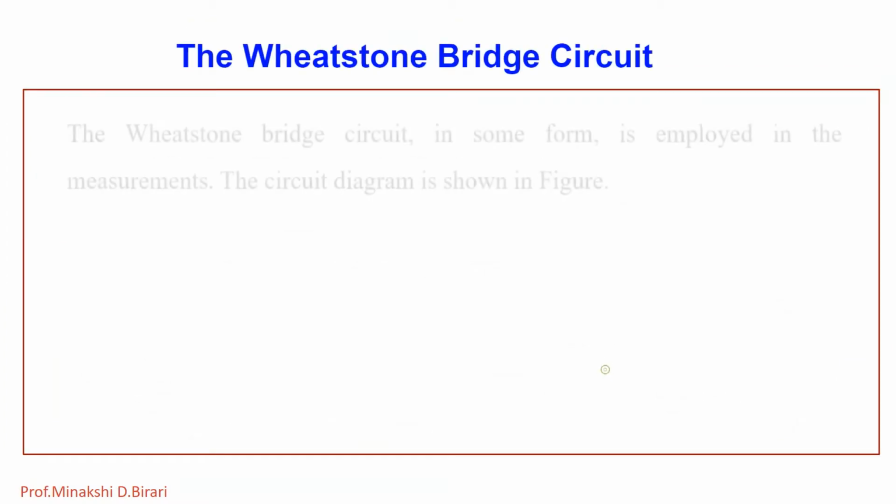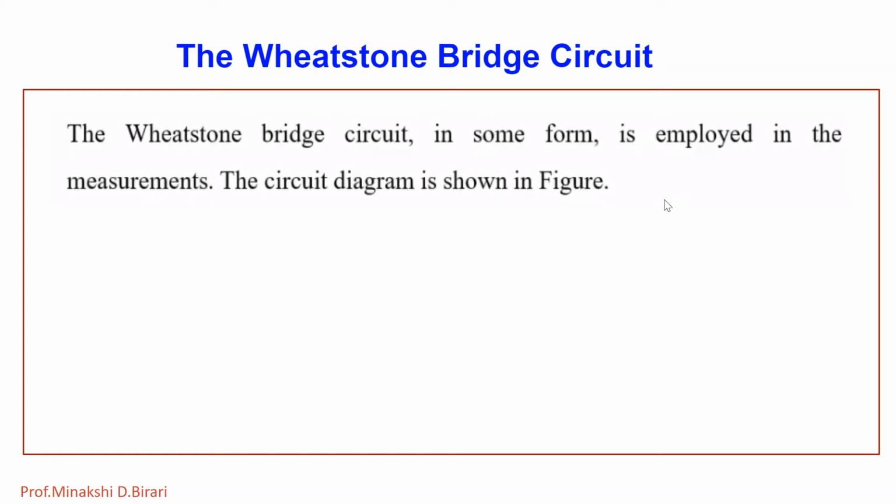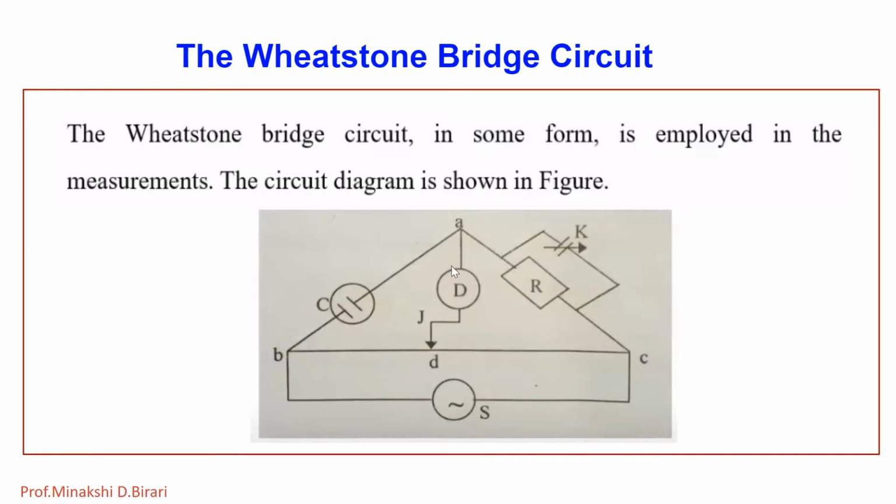The Wheatstone bridge circuit in some form is employed in the measurement, and the circuit diagram is shown in this figure. When we observe this figure, C is the conductivity cell filled with a solution of an electrolyte. R, capital R, is the variable standard resistance.